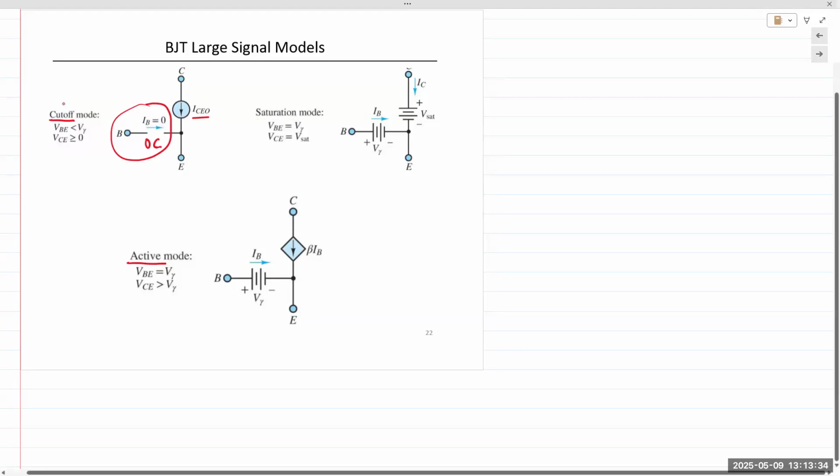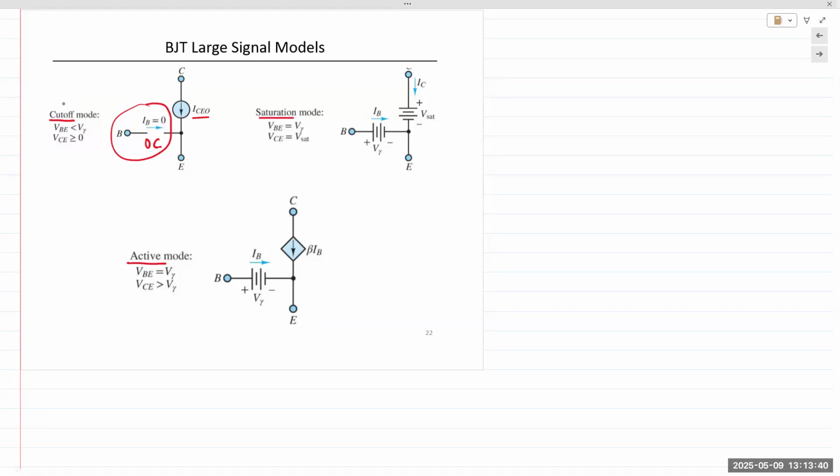In the saturation mode, both junctions are forward biased, and because of that, VBE is equal to the forward diode voltage drop. In this book, the author refers to that as V gamma. That's the forward voltage drop required for the emitter junction and the base junction to be forward biased and turned on.